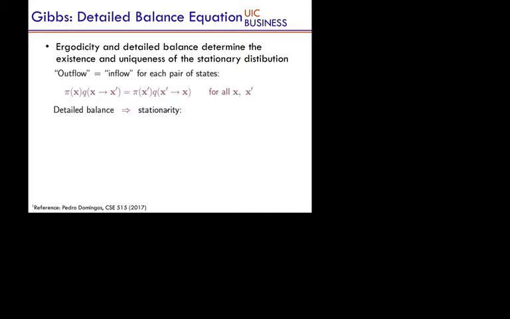It's a symmetric relation: the probability of being in x and going to x prime is the same as the probability of being in x prime and going to x. This has to hold for all x and x prime, and detailed balance implies that the stationary distribution is this pi.